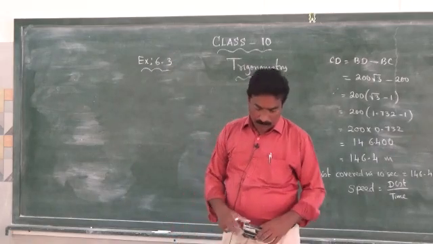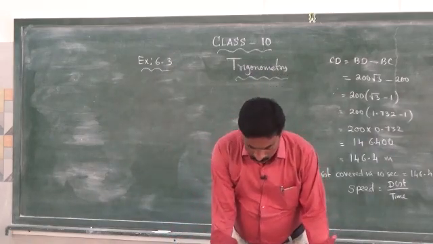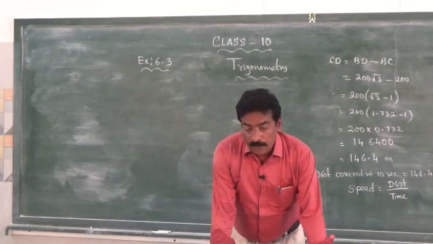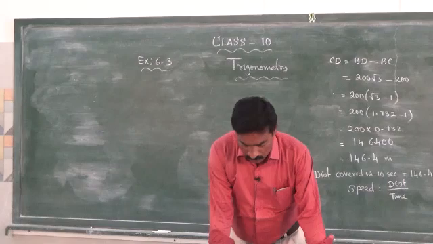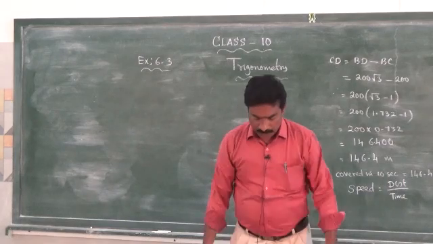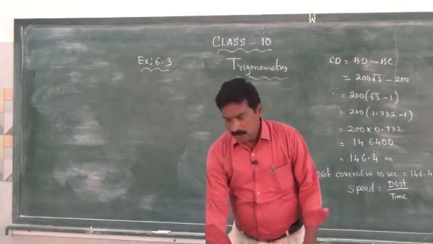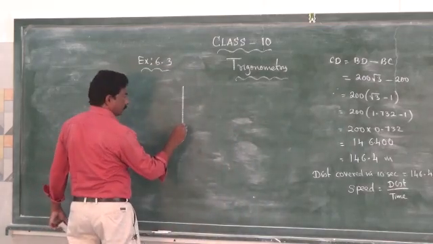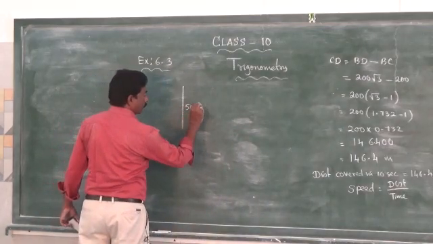Read the question. From the top of a rock 50 root 3 high, the angle of depression of a car on the ground is observed to be 30 degrees. So from the top of a rock, the height of the rock is given as 50 root 3.